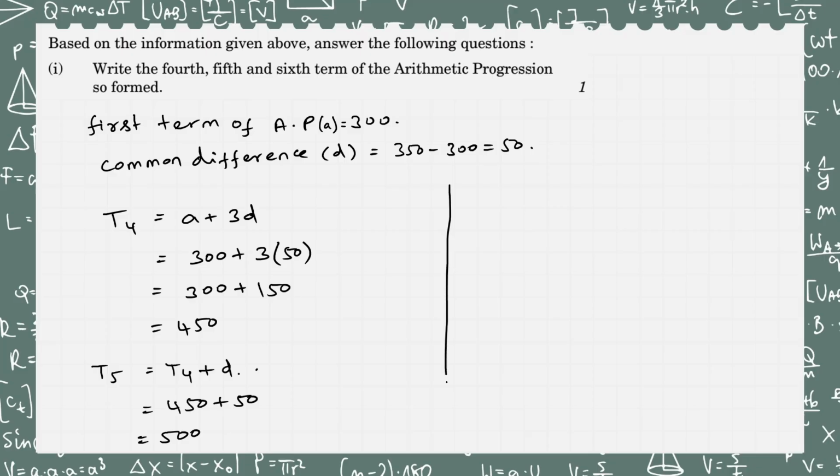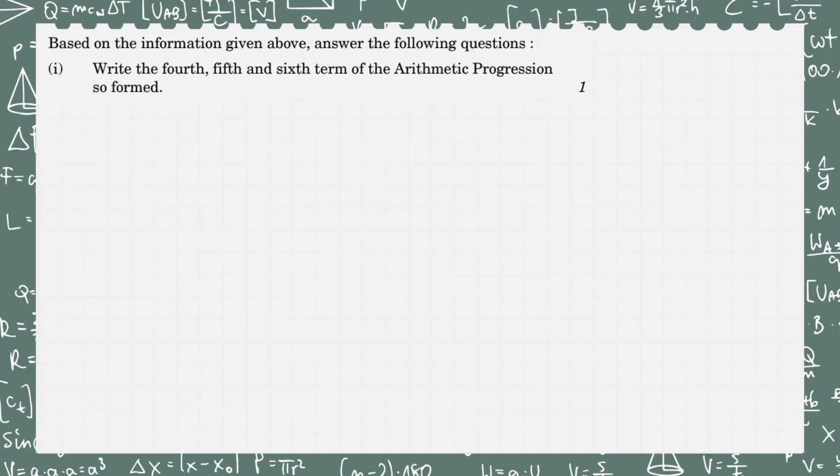And term 6 will be term 5 plus common difference, which is 500 plus 50, which is 550. Since all of these are in meters, we have to mention the units also without fail. So these are the term 4, term 5 and term 6 of the AP so formed.